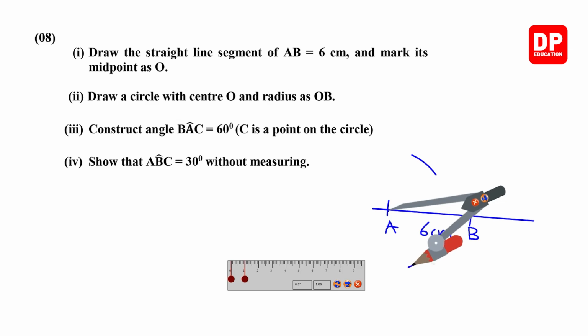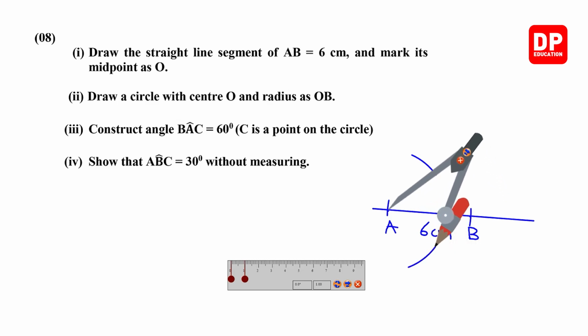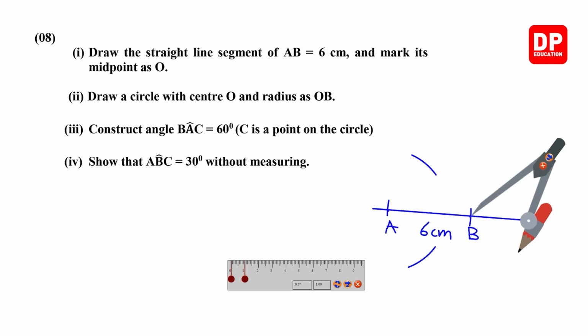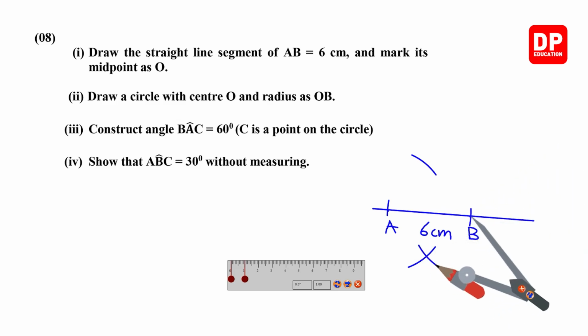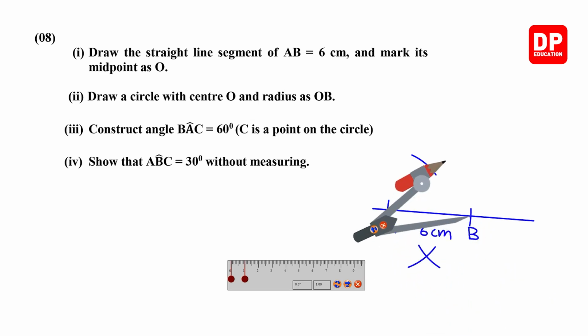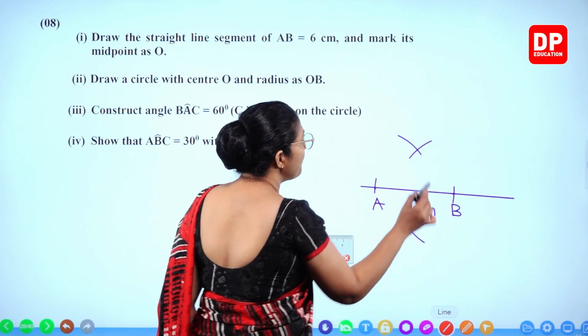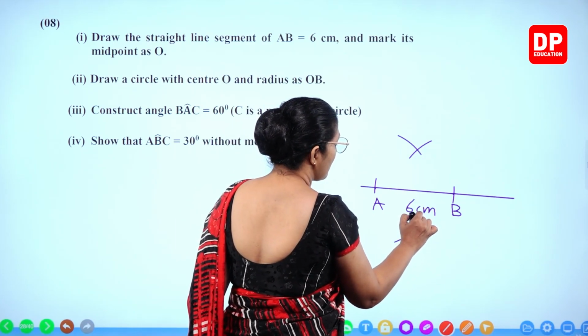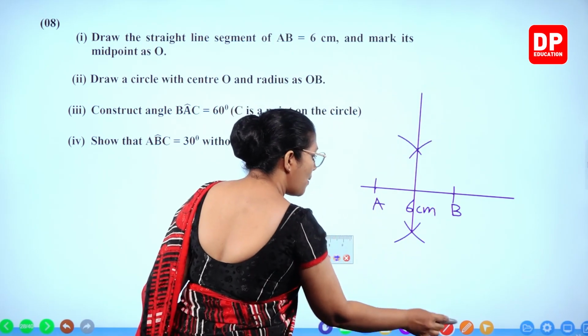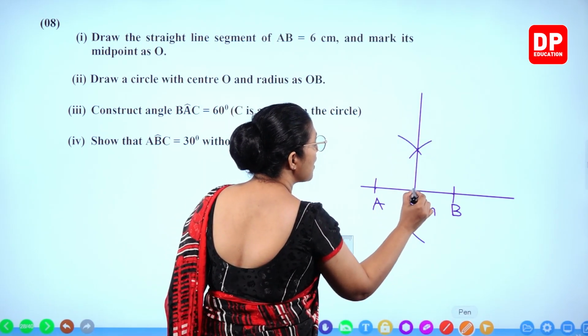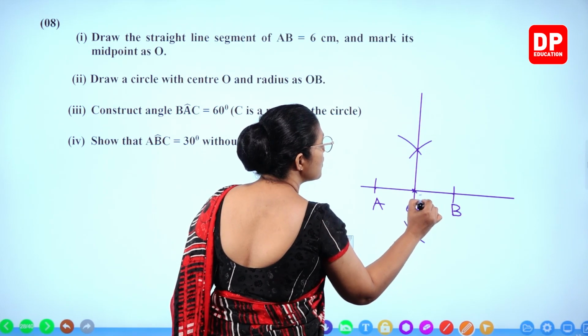You can draw below. And then you do the same thing, keeping the compass on point B. So now you can draw the line connecting these intersecting points. So the midpoint becomes this one. So that's O.